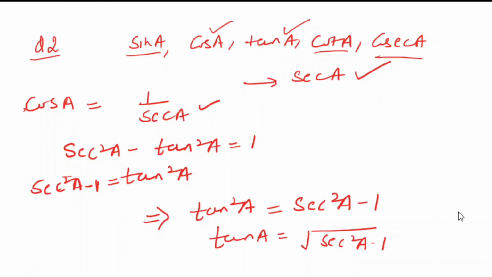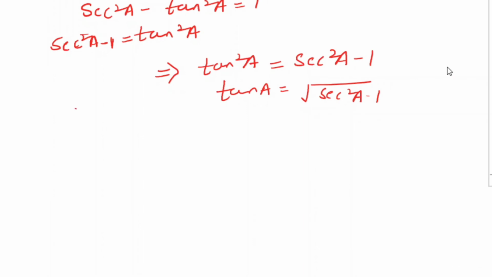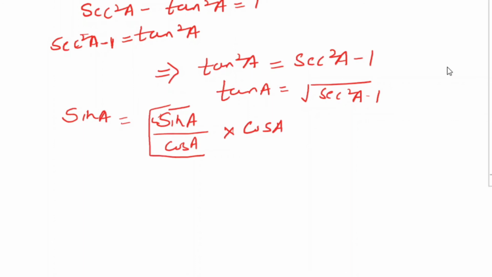Now how will we write sine A? Okay, we'll start with sine A. So sine A can be written as (sine A upon cos A) into cos A. So this is tan A. So in place of this I can put this.